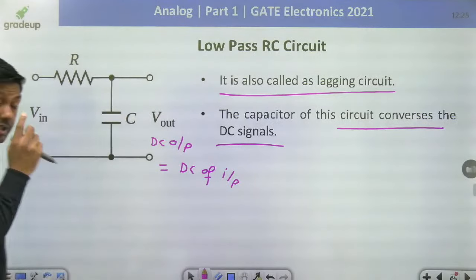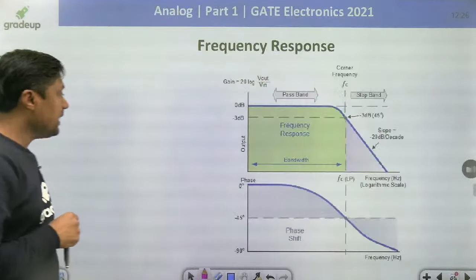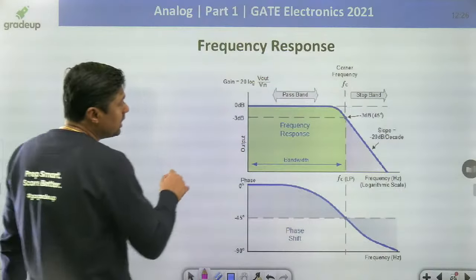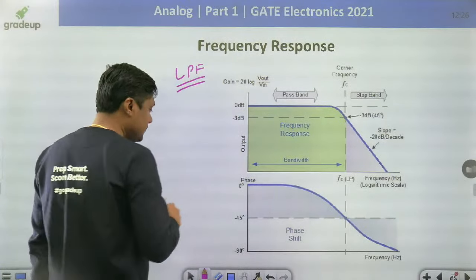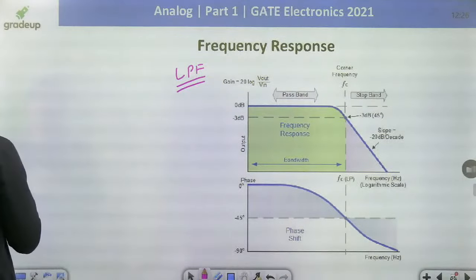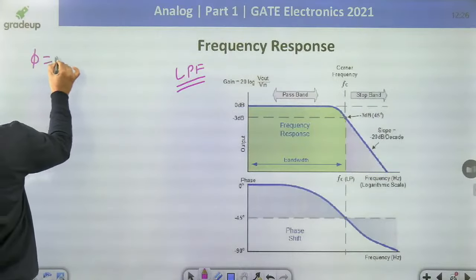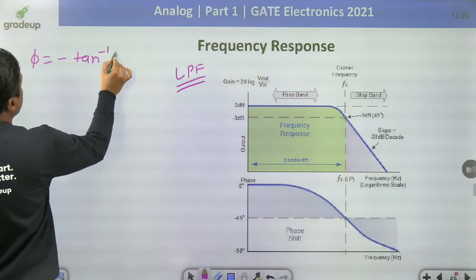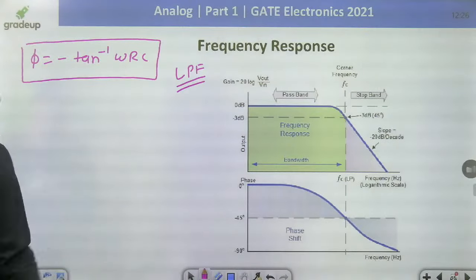DC of the output signal is always equal to DC of the input signal. Second thing, that is the frequency response curve. It is a low pass filter. The phase shift is given by minus tan inverse omega RC. It is a lagging circuit because it is a negative phase shift.